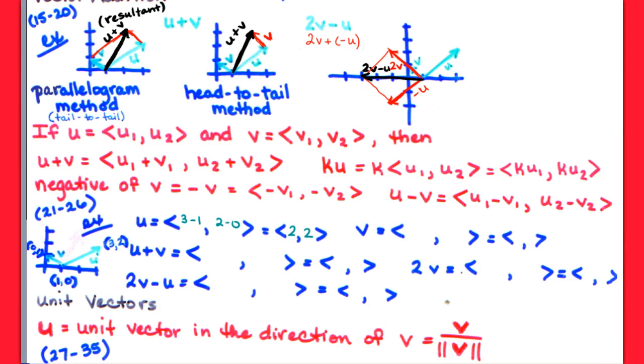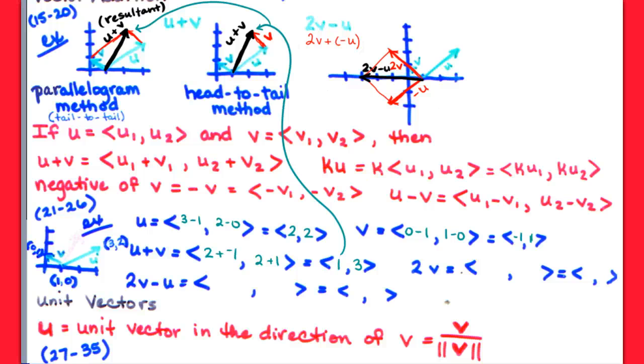Vector v, I'm going to do first value minus first value, second value minus second value, and I'll get <-1, 1>. Or again, you could have just counted over and up. So now that I have their component forms, to add them, I just add the first values and add the second values. And so I would get <1, 3> for my resultant.